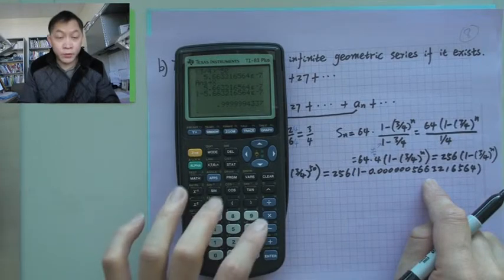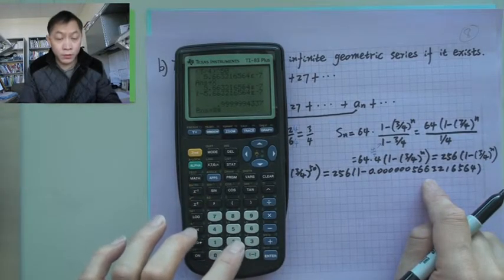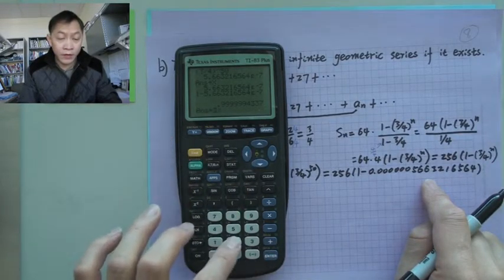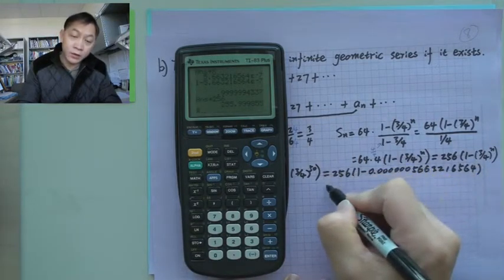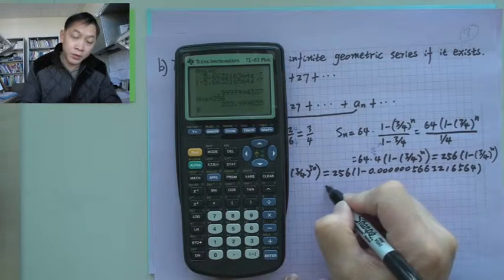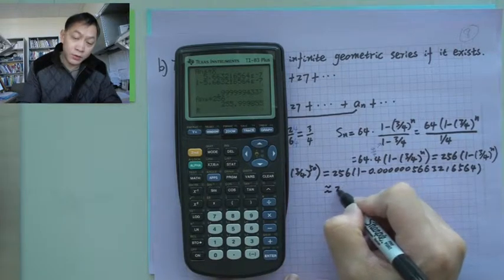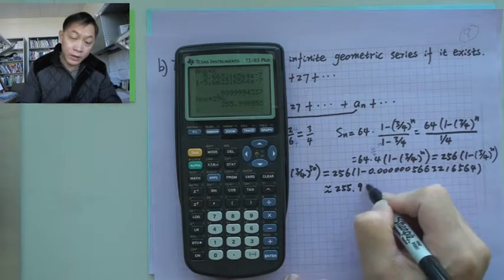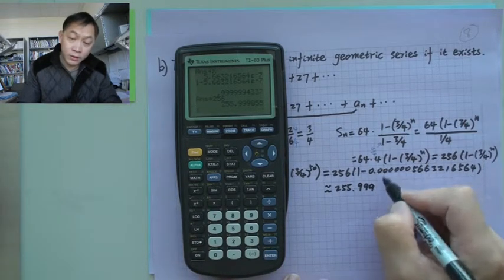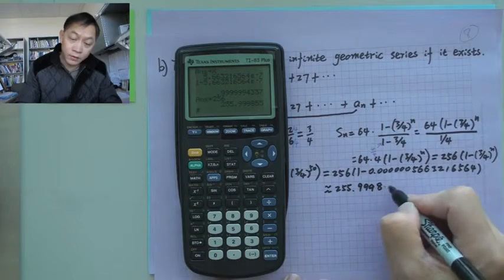Okay, and then if you times 2 times 256, this number is quite close to, let's say approximately, it's 255.999855.